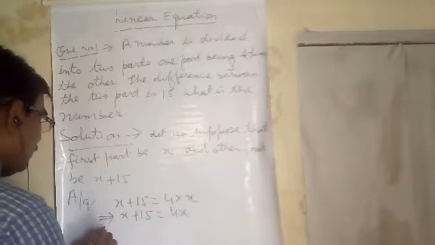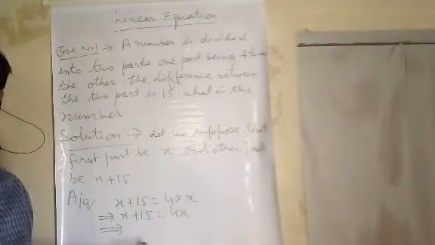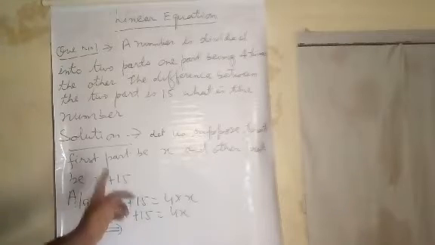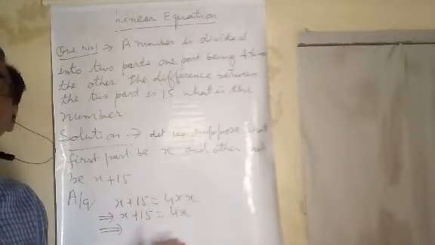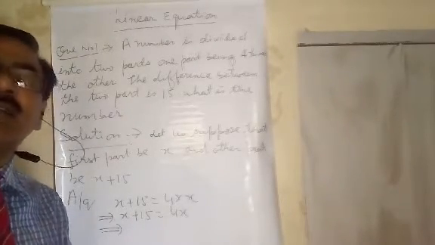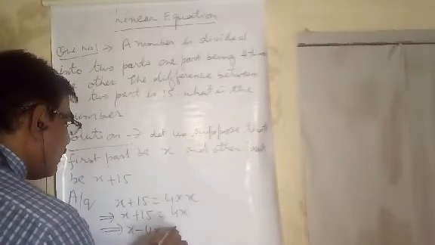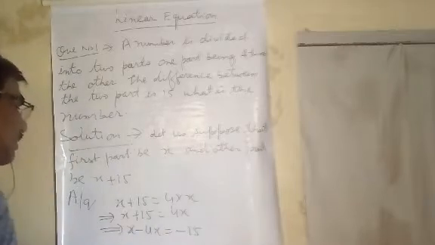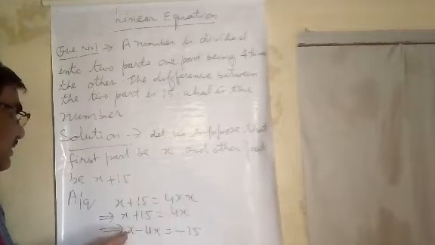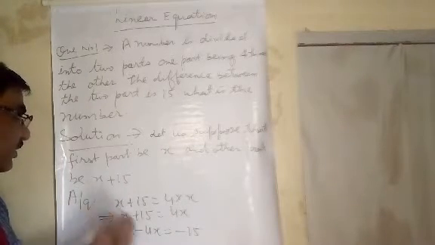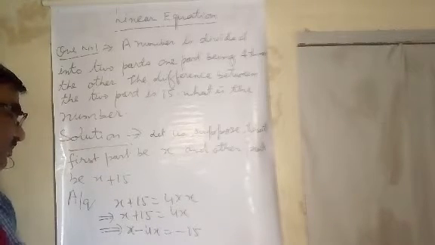Now this is the form of a linear equation. For solving this linear equation, we collect the variable on one side and the constant on the other side. So it will be x minus 4x equal minus 15. We transpose plus 4x from the right hand side to the left hand side, then it will be minus 4x. And when we transpose plus 15 from the left hand side to the right hand side, it will be minus 15.